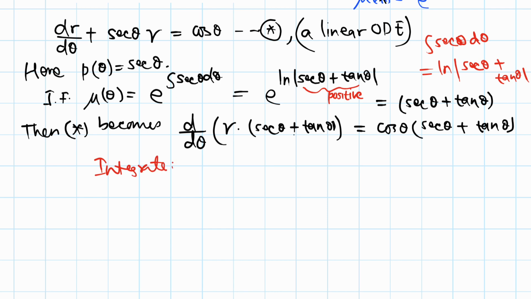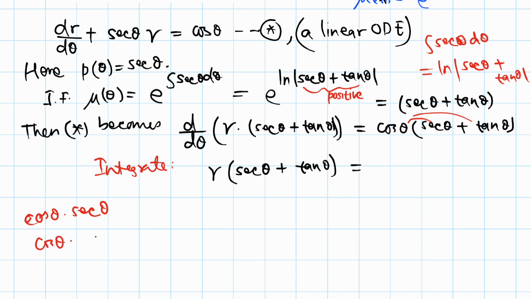That means here the derivative is gone, so r times secant theta plus tangent theta equals, let's distribute, then we are integrating. We can simplify cosine theta times secant theta. What is cosine theta times secant theta? Secant is the reciprocal of cosine, so cosine theta times 1 over cosine, cosine cancels, that product is 1.